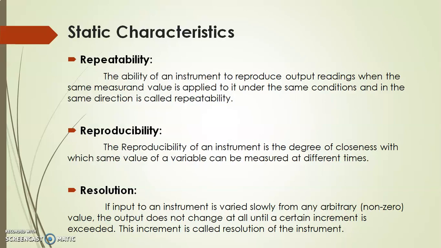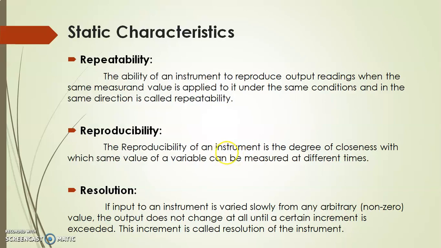That means suppose we take a voltmeter and apply an input of 5 volt, and suppose the output of the instrument should be 5 volt. So repeatedly, even if the input is applied again, the output of the voltmeter should be 5 volt.